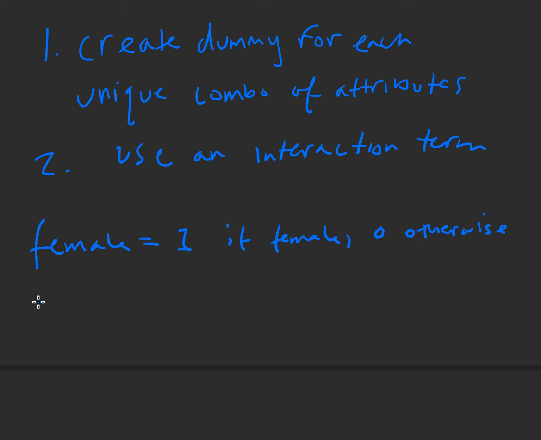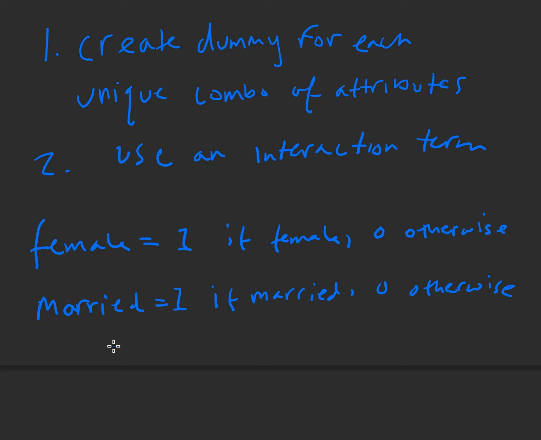We're also looking at married, which is equal to 1 if married, and 0 otherwise, where otherwise includes everybody who is single, from all the ways that you could be single. We're keeping our example simple.